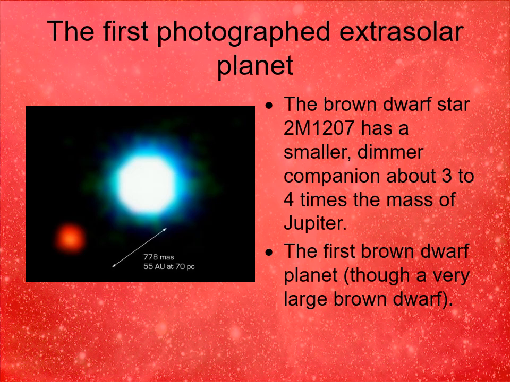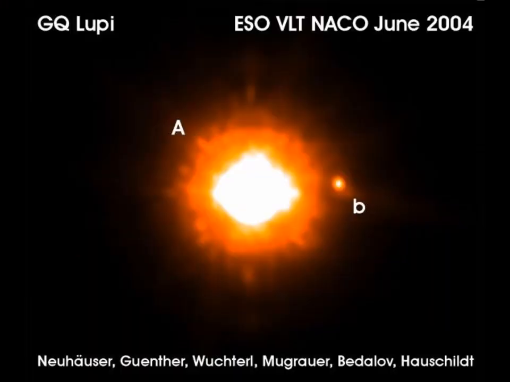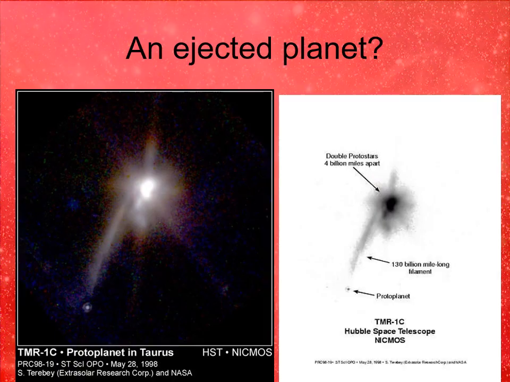So that's too small to be another brown dwarf, so that's got to be a giant Jupiter planet out here. So that means brown dwarfs, things that form just like stars, can also have planets orbiting them. Again, GQ Lupi has an object way out here that's too small to be a brown dwarf, so it's probably going to be a Jupiter-sized planet.